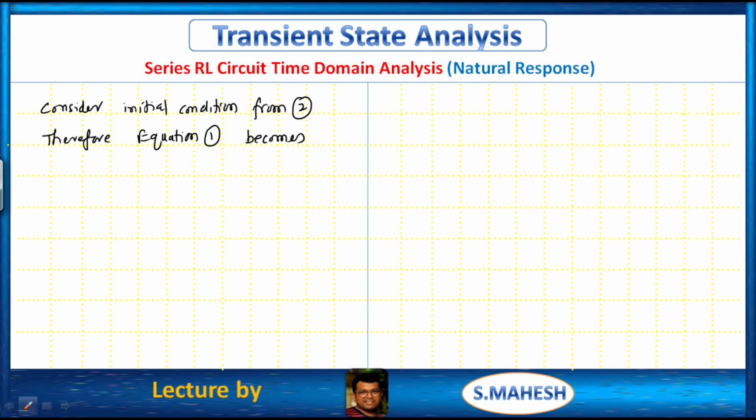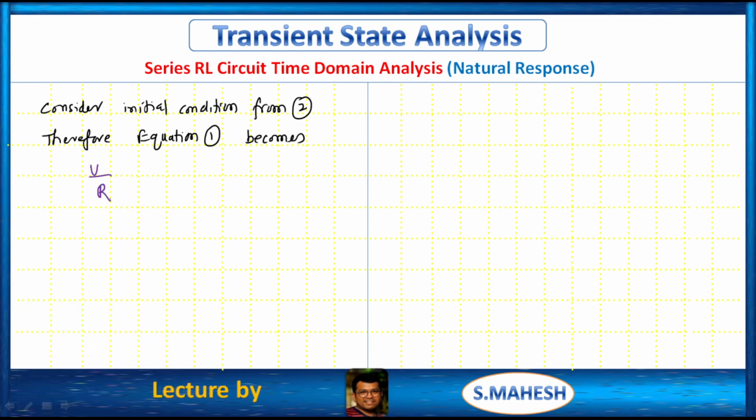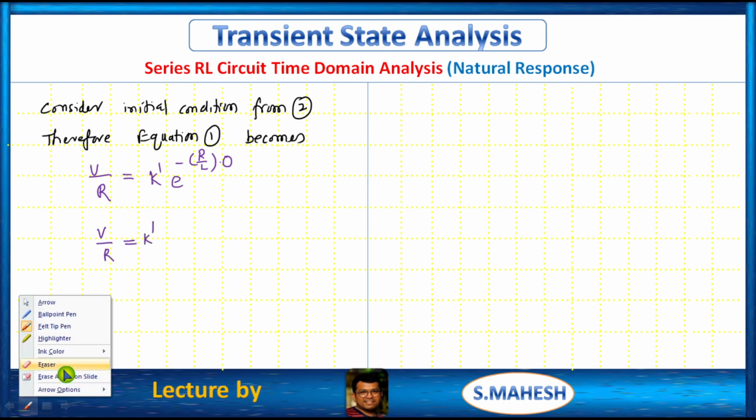I equals V by R is the initial condition, because that is the steady state current, which is equal to K dash into e power minus R by L, t equals 0. From this, V by R equals K dash. So this is the value of the arbitrary constant K dash.